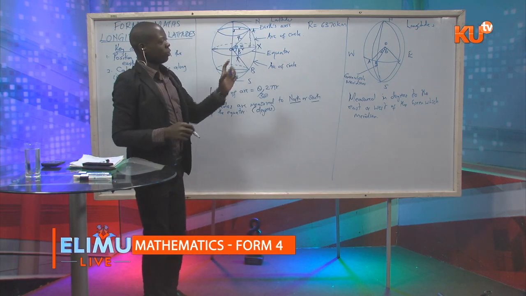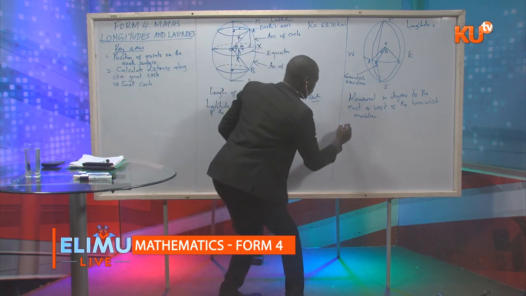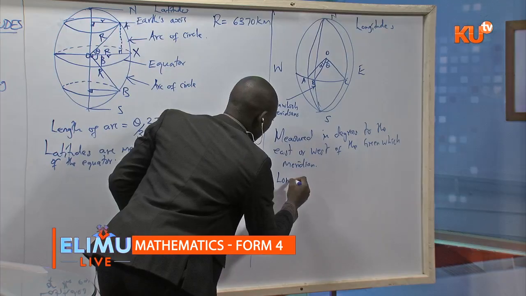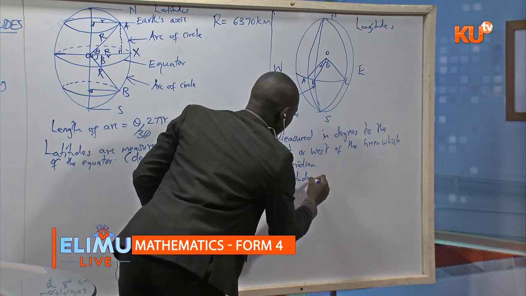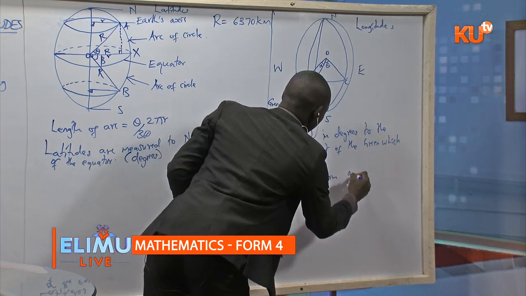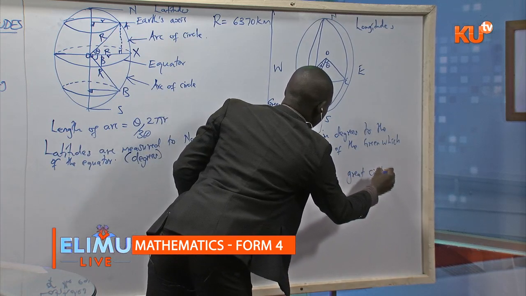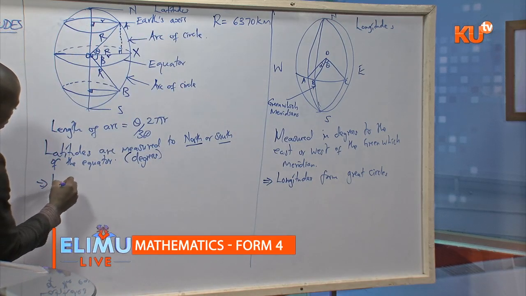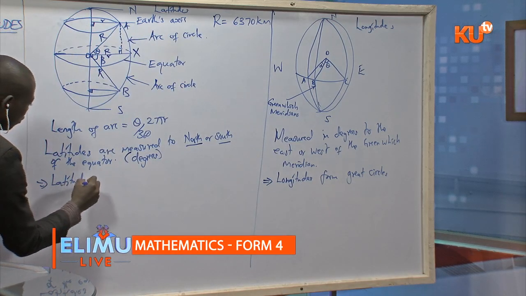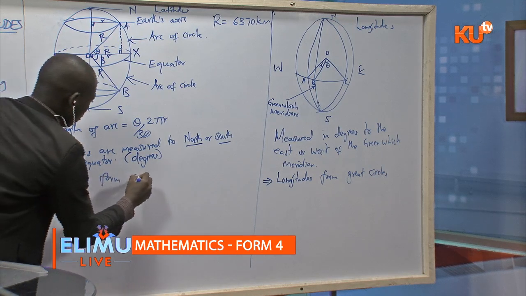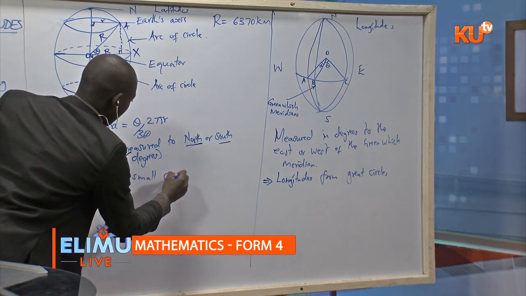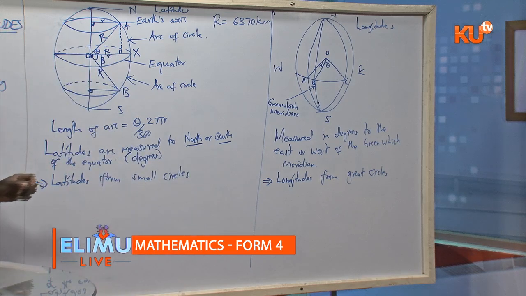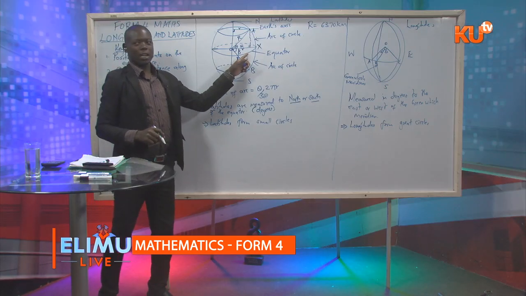And so we say longitudes form great circles. And latitudes, on the other hand, form small circles. However, there is one latitude here, which is the equator.